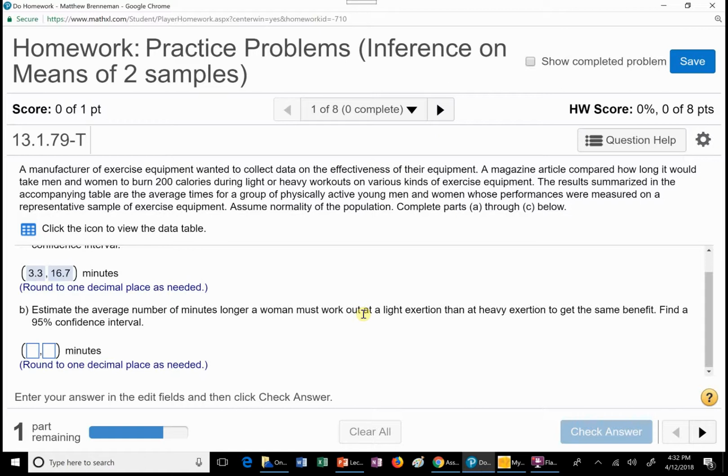They're similar. I want you to work through the problem. See if you can answer the rest of them.